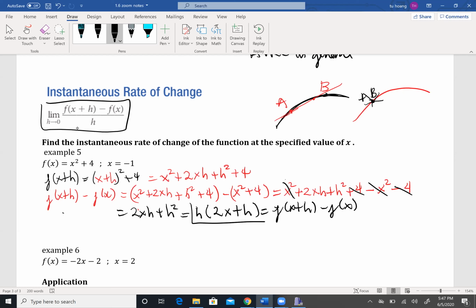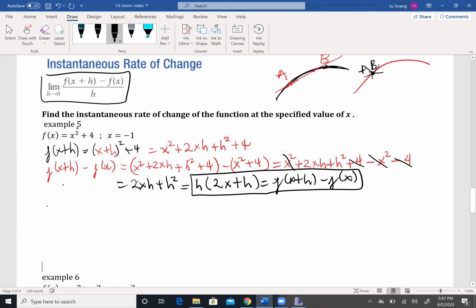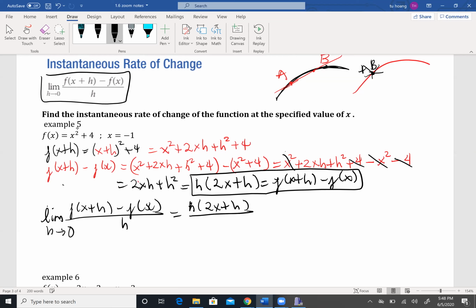And now I can write, what I should do, I'm going to substitute into the limit of (f(x plus h) minus f(x)) over h, as h goes to 0, and it equals what? h times (2x plus h) over h.